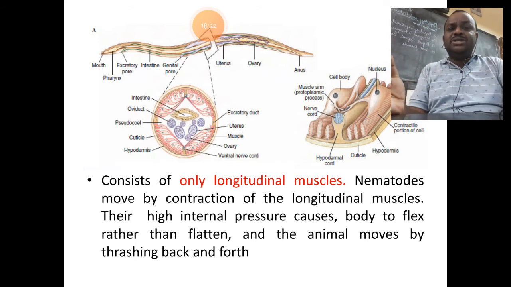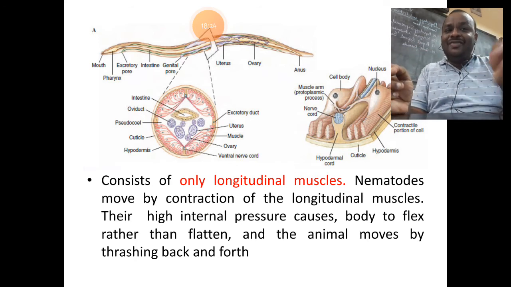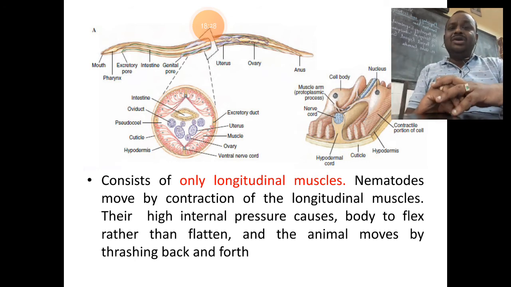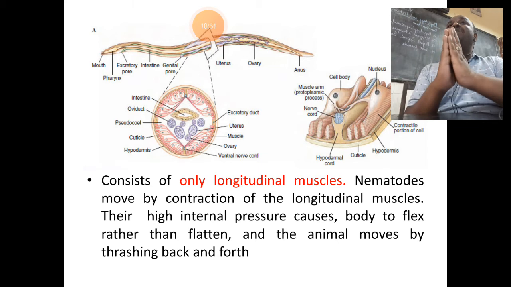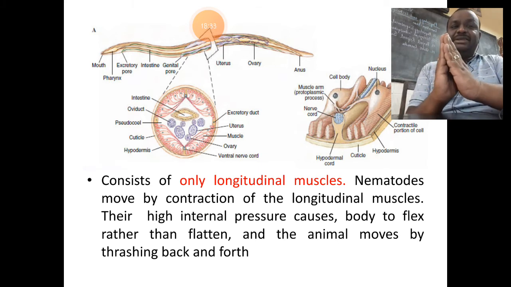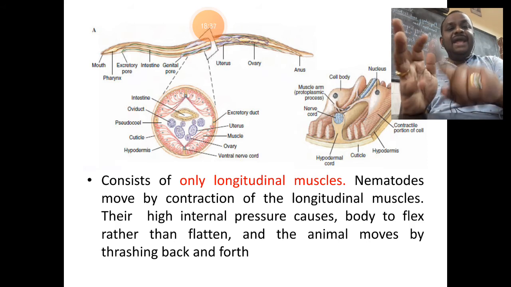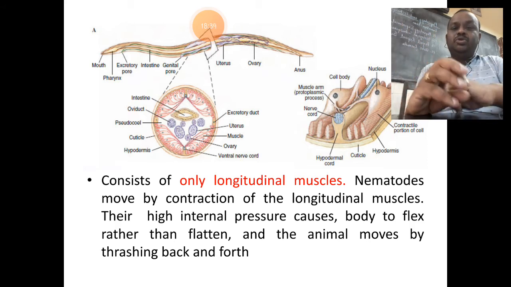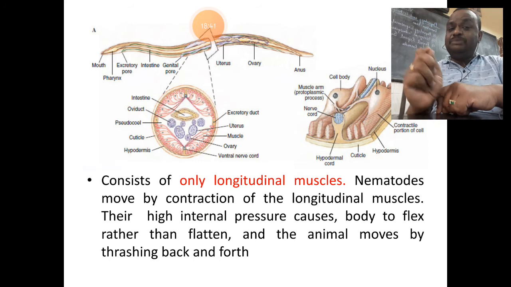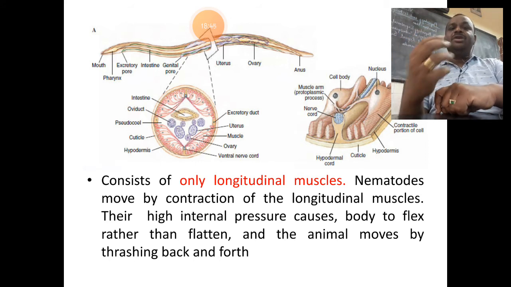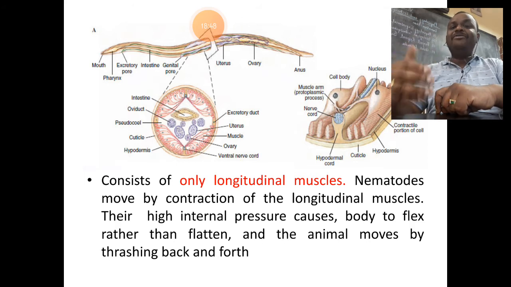Towards the right side, you find the body of the organism showing those longitudinal muscles alone. So, the body of nematodes is made up of only longitudinal muscles. There are no other special muscles involved. The next important feature of these longitudinal muscles is that they are responsible for the contraction and relaxation of the body parts, so that the organism can have flexibility during movement.